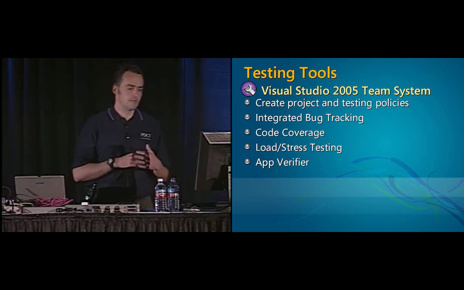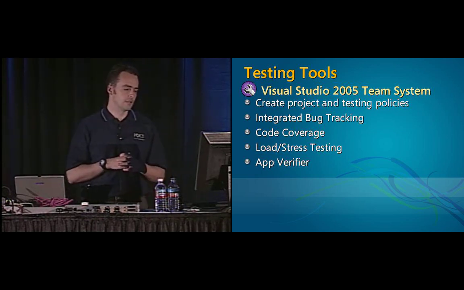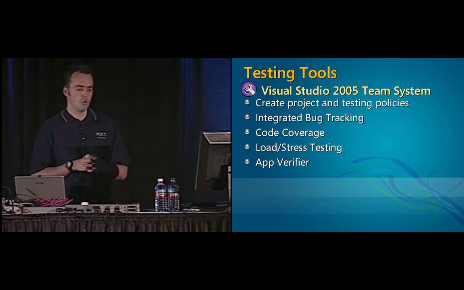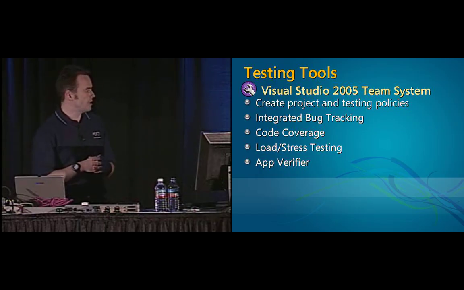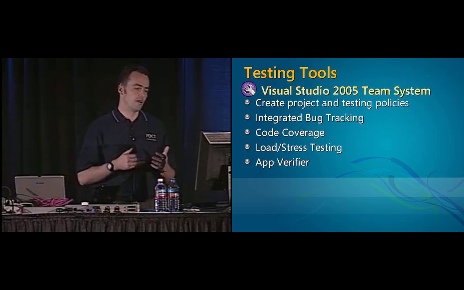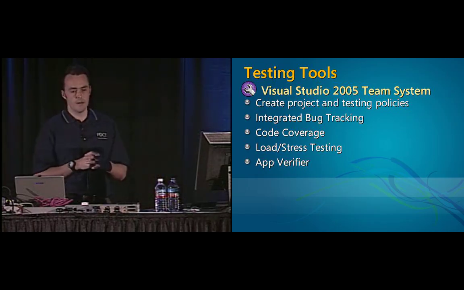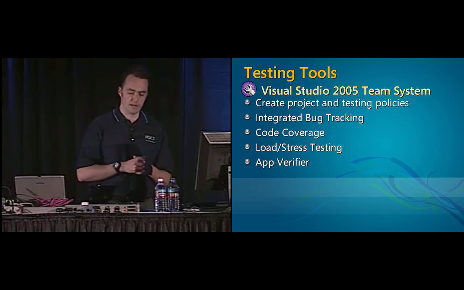This is everything from policies that are integrated into the development and testing process, through to making sure bug tracking is centralized, code coverage, which we'll do a demonstration of in a second, load and stress testing, which is important because as you start applying high workload on top of the application, you potentially see threading or memory management issues highlighted. And finally, App Verifier, which can help you find memory management and heap management problems while running the application.